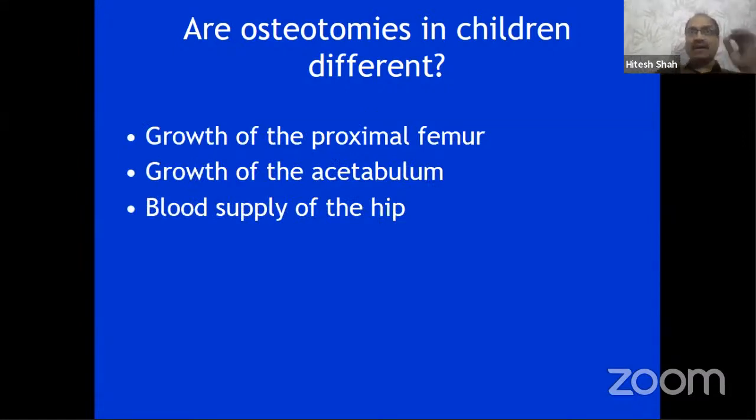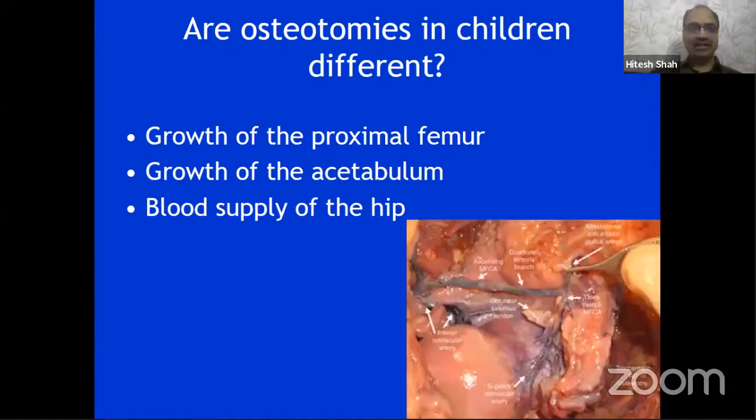Another important aspect is the blood supply. The blood supply of the proximal femur would be different. It would be supplied by end arteries, and that is the reason whenever we see a child between 6 to 8 years of age, we may find the complication of avascular necrosis.